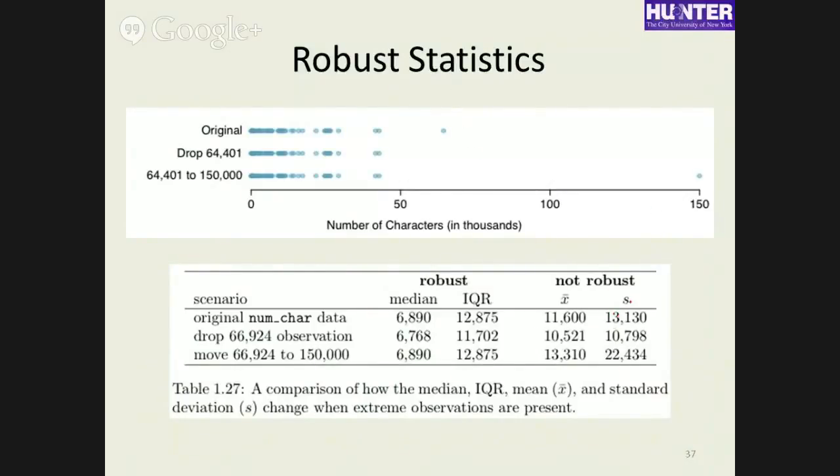So the standard deviation, when we got rid of it, went down by about 2,500, and when we took it up here, it went up by almost 3,000, or almost 10,000. So the standard deviation, more so than the mean, is quite sensitive to outliers, and the interquartile range is relatively robust to that outlier.